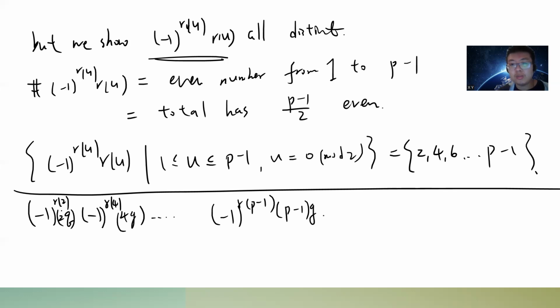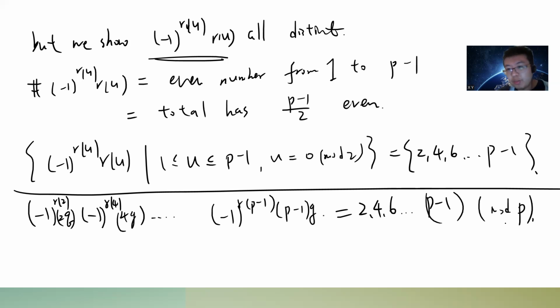It's basically the same thing. So this will just be a permutation of 2, 4, 6 up to P minus 1, mod P.